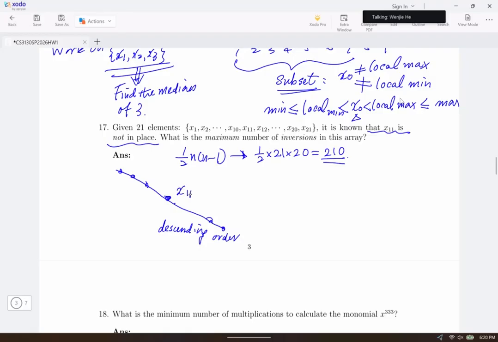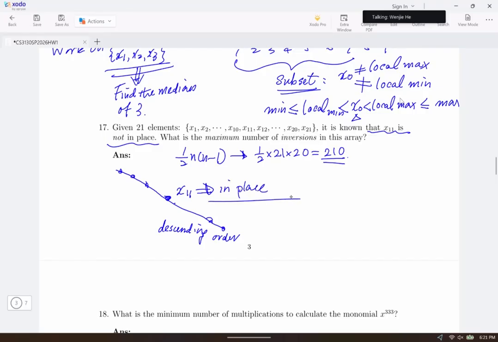Why do you do the descending? Because we have a total of 21 elements. So X11 sits right in the middle when we have a descending order. Right in the middle means it is in place, right?